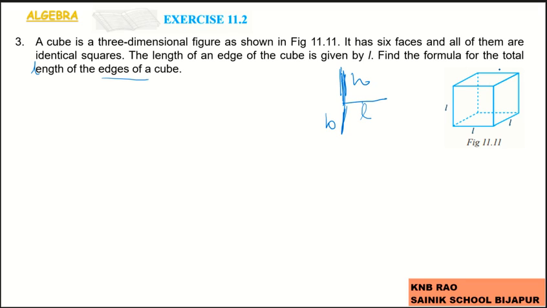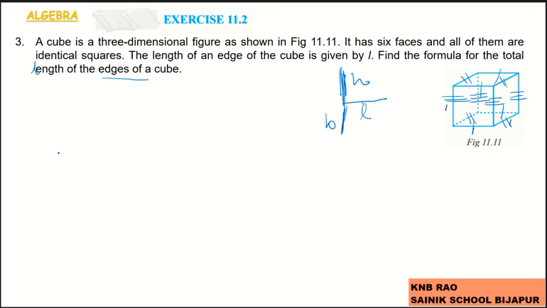So along the lengthwise I have 4. Along the breadthwise I have 4. Along the heightwise I have 4. So totally along the length 4, along the breadth 4, along the height 4. Total 12 are there.